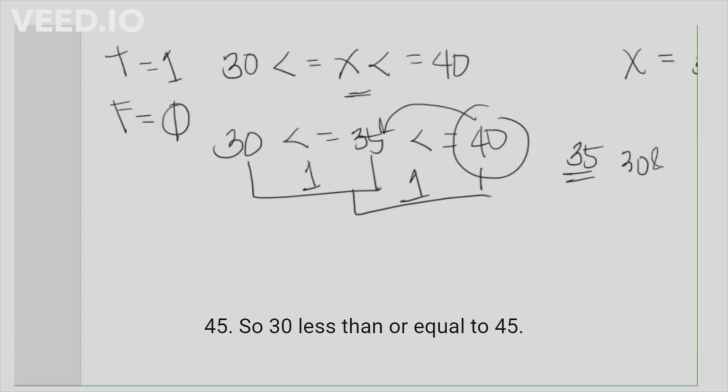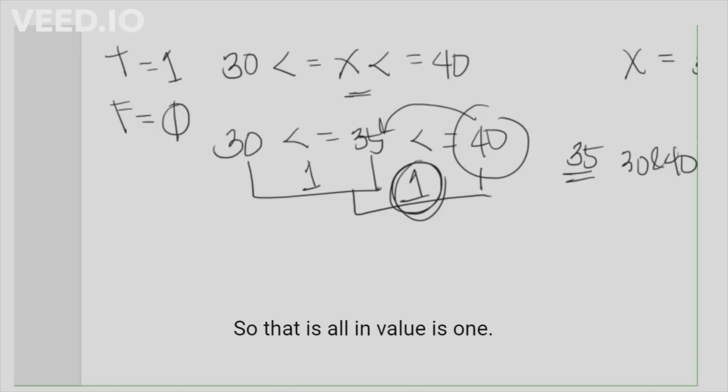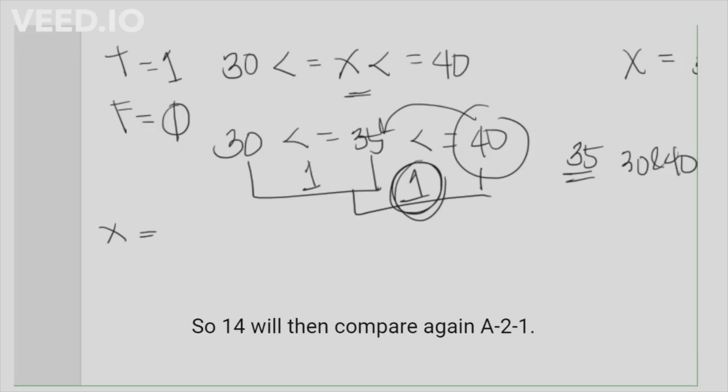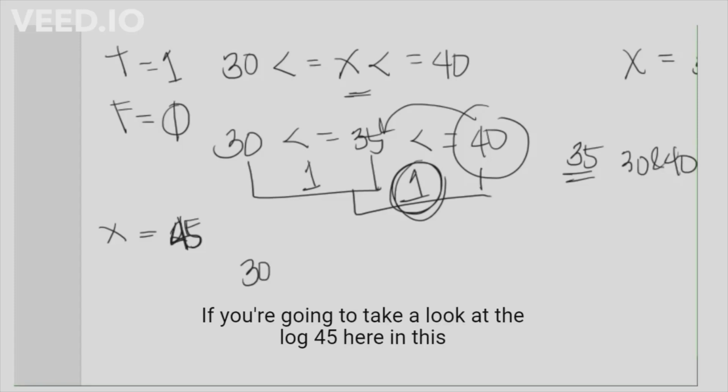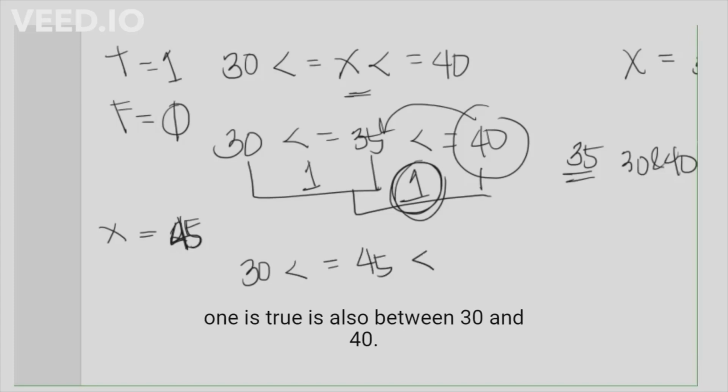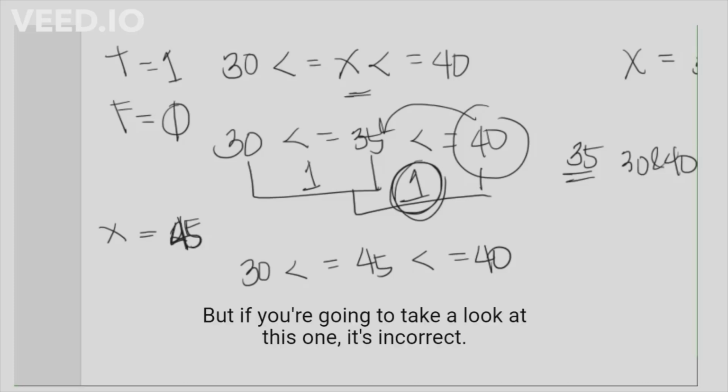Is 30 less than or equal to 45? Yes, so the resulting value is 1. Again, it will not compare 40 to 45. So 40 will be compared to 1. Is 1 less than or equal to 40? Yes. So the resulting value is 1. If you take a look at the logic, 45 here, since this is 1, this is true, is also between 30 and 40. But if you take a look at this one, it's incorrect.